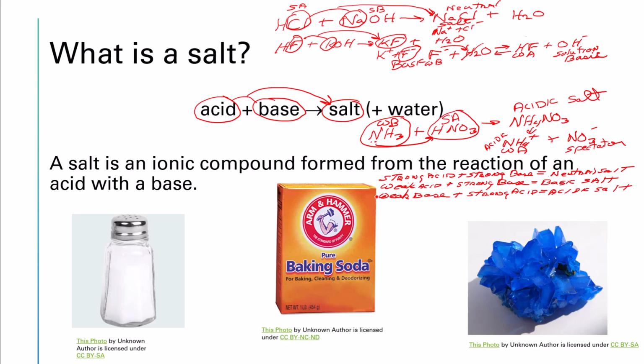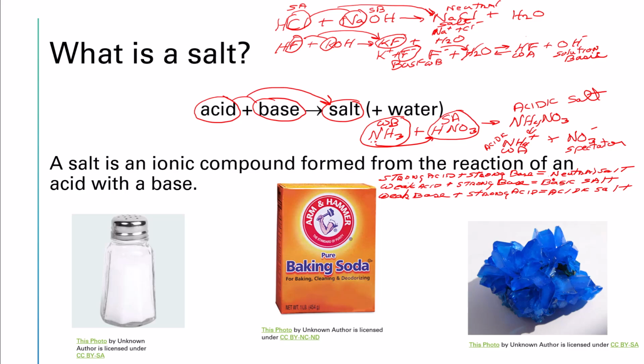If you have a weak acid that you're reacting with a strong base, you're going to get a basic salt. Weak acid plus strong base, basic salt. Whatever is strong in this category determines the acidity or basicity of the salt. Since the base is strong and the acid is weak, you get a basic salt.